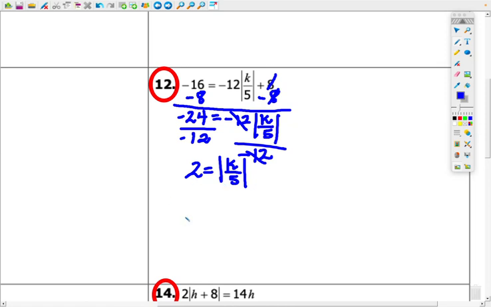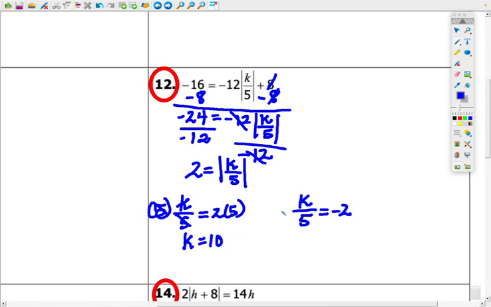That means I'm going to write two different cases. I'm going to have k over 5 equals +2, and I'm going to have k over 5 equals -2. This is pretty simple. I just have to multiply here. So I would have 5 on both sides multiplied, which would give me k equals +10.